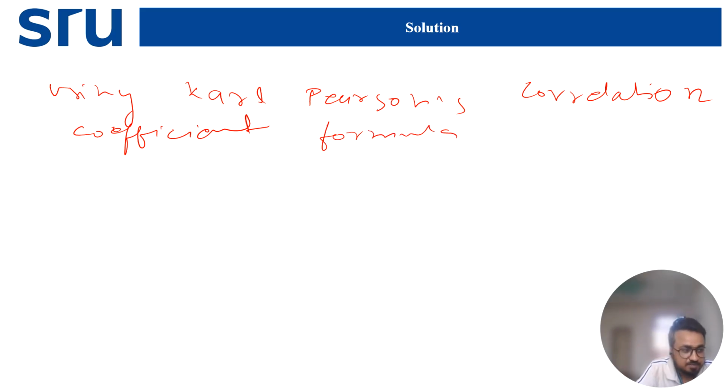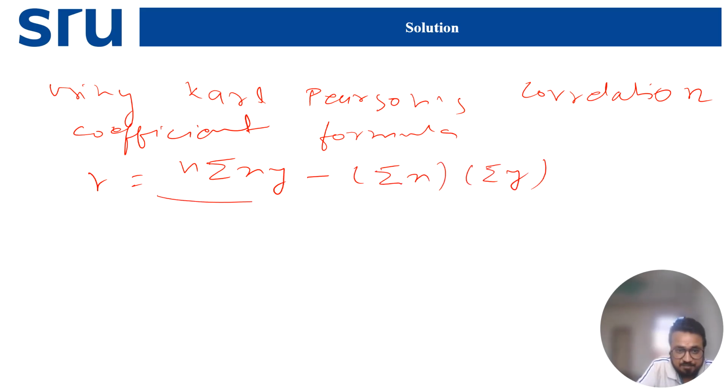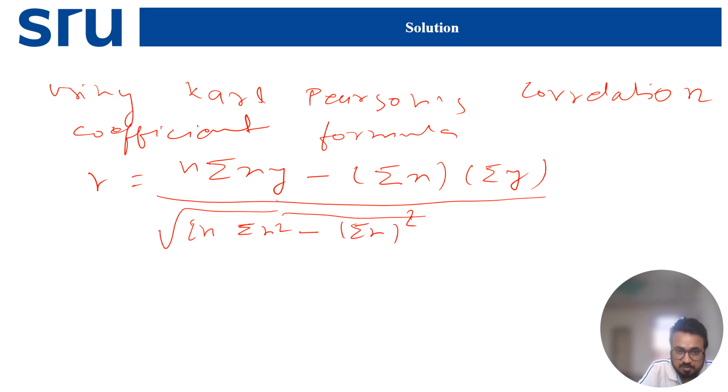What is this? r equals n into summation xy minus summation of x into summation of y, divided by the square root of n into summation x square minus summation of x whole square, into n into summation y square minus summation of y whole square, right?